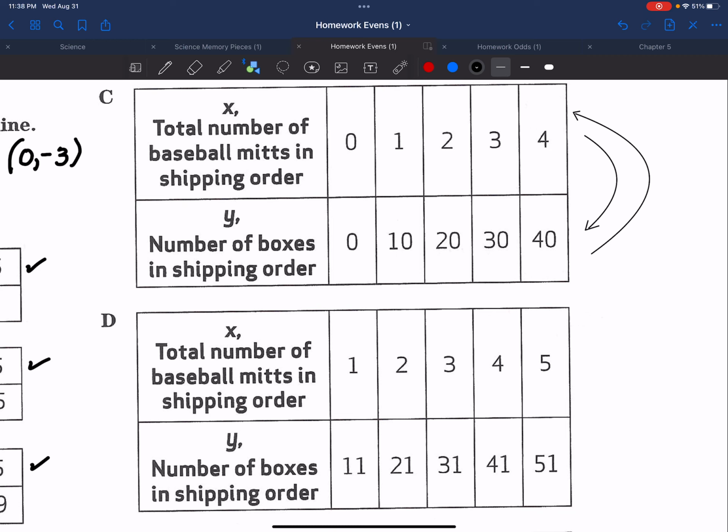Total number of baseball mitts in the shipping order: 1 mitt in 11 boxes. Again, that's reversed. The 1 should be on the bottom, and the 11 should be on the top.